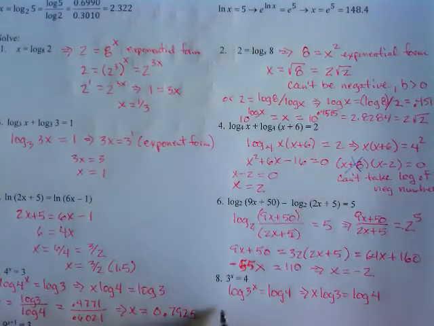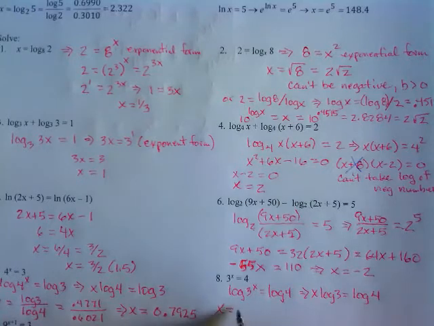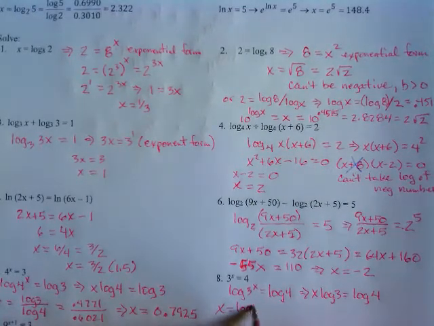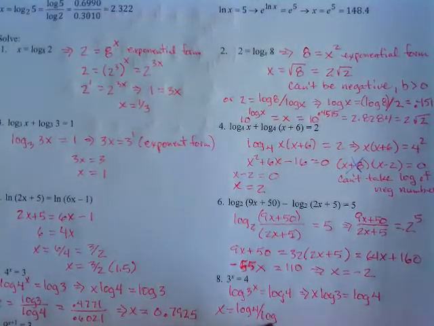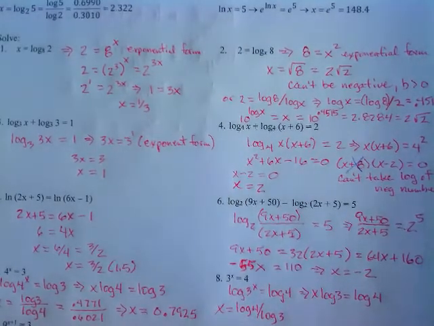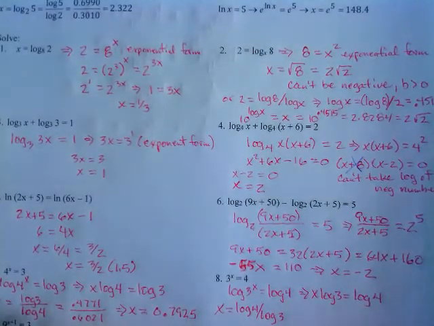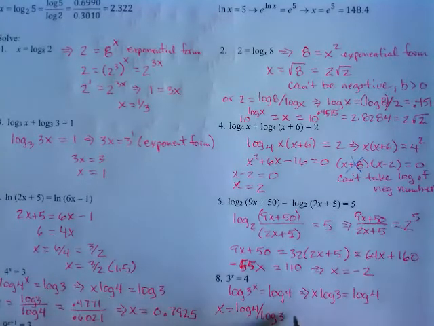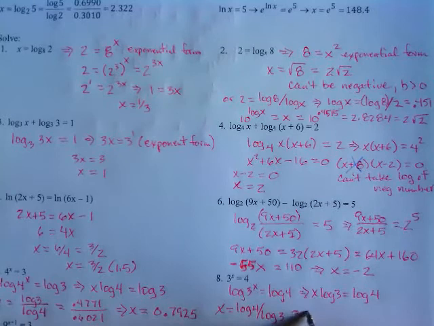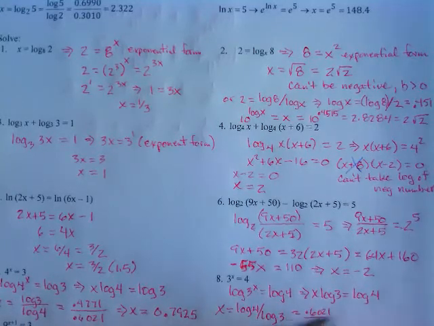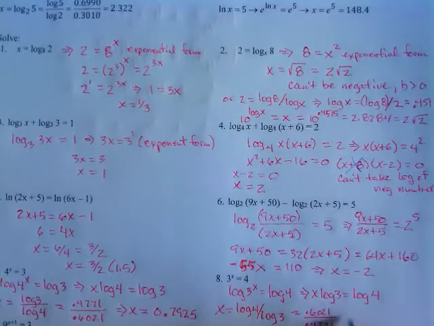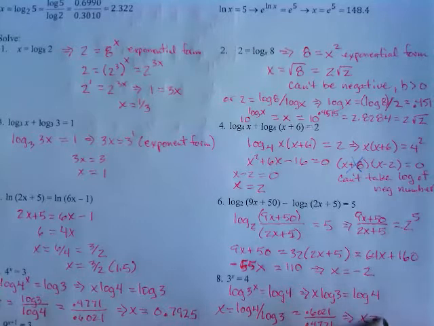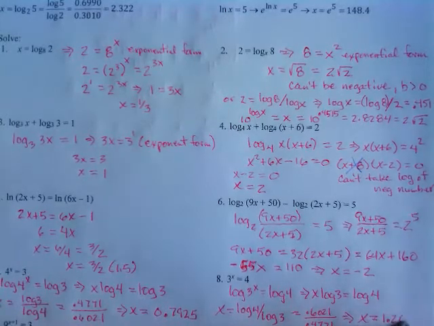And then x will equal log 4 over log 3. And note this is the same thing I had before, except I have the reciprocal this time. So it's still going to be the 0.6021, but now that's on top, the 0.4771 on the bottom, and I end up with x equals 1.2619.